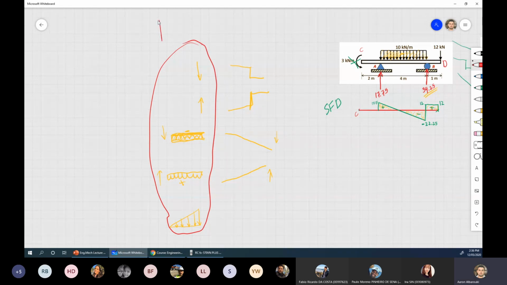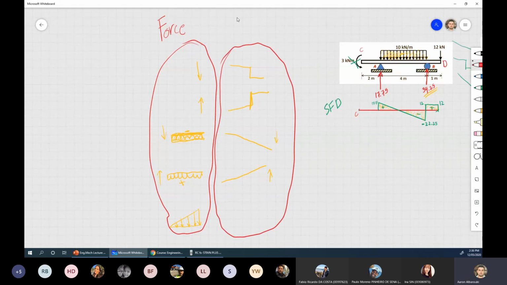So all what we're showing on this side is the shape of the force. On this side, we're showing the response, the shape of the shear force diagram. If I have a point load acting downward, that made a dip. If I had a point load acting upward, that made a jump. If I had a straight line UDL, negative, that made a declined line downward.